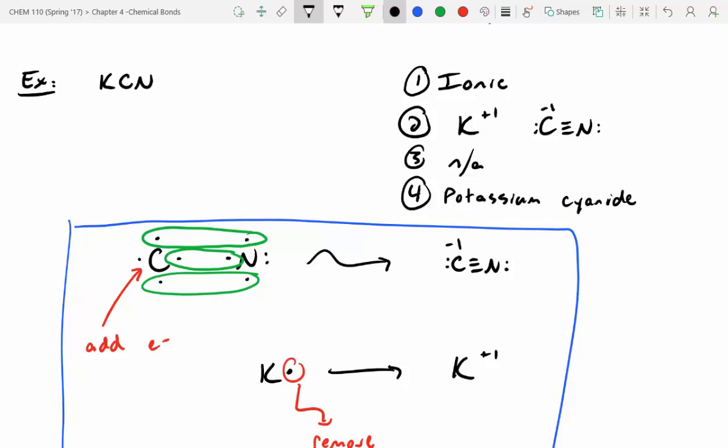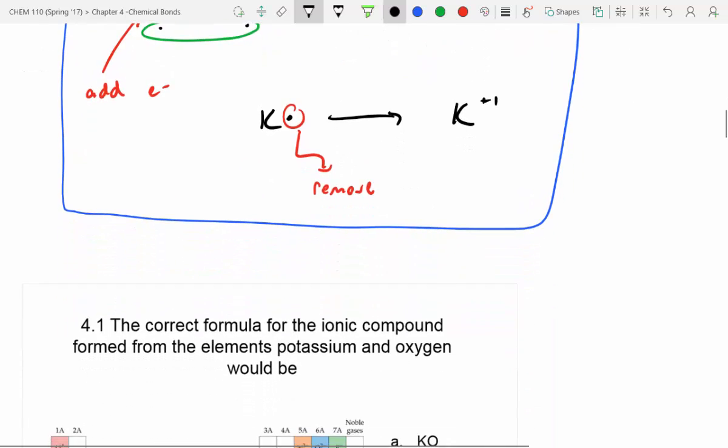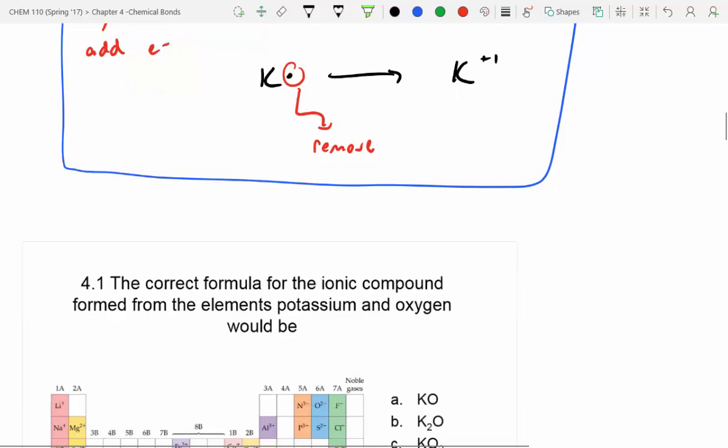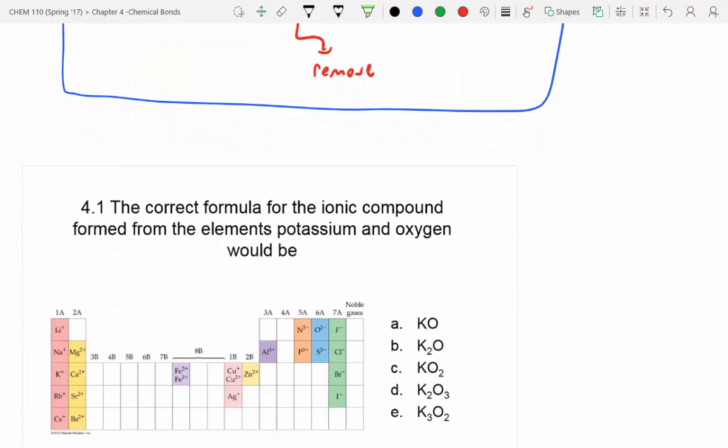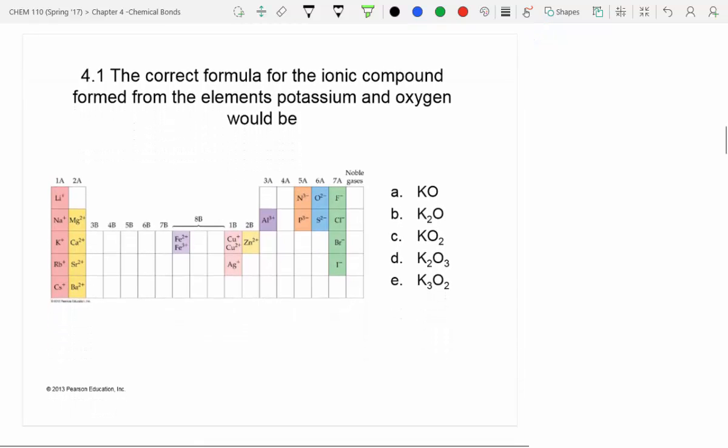All right, let's do another one. Oh no, I'm running out of room. Let's just do some practice down here. We'll do some more naming after this. All right, so the correct formula for the ionic compound formed from the elements potassium and oxygen would be which?